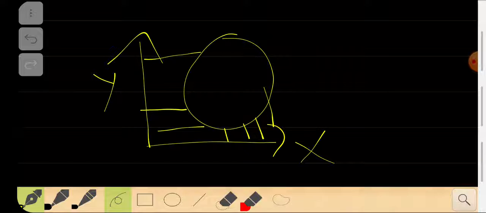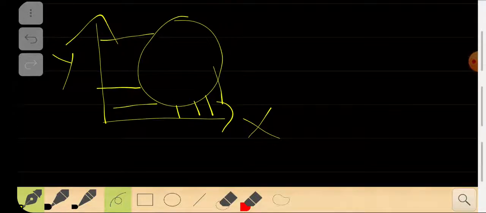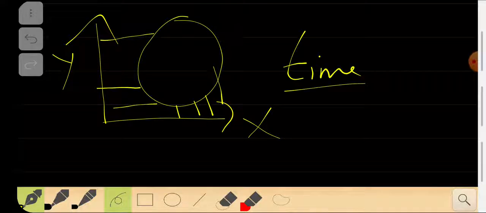But actually it is quite hard when you do actual problems. When you have to actually solve for acceleration, it will take a long time.